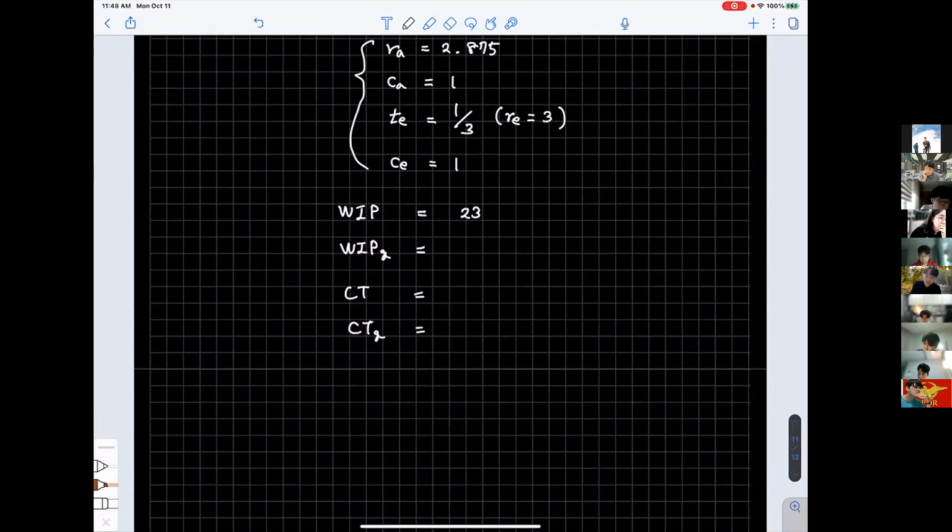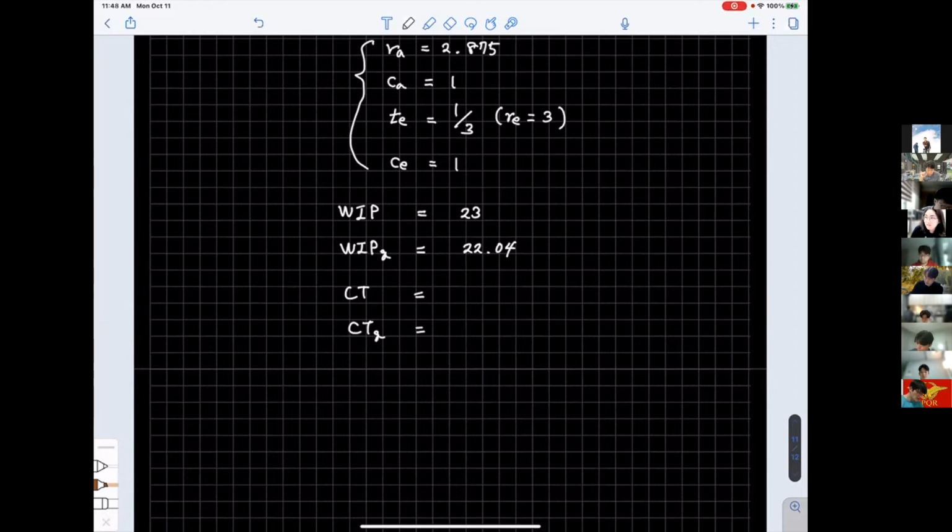Samuel, what's the 22? Is it WIP or WIPQ? WIPQ, almost the same. It is 22.04. So almost the same. Your calculation is right.